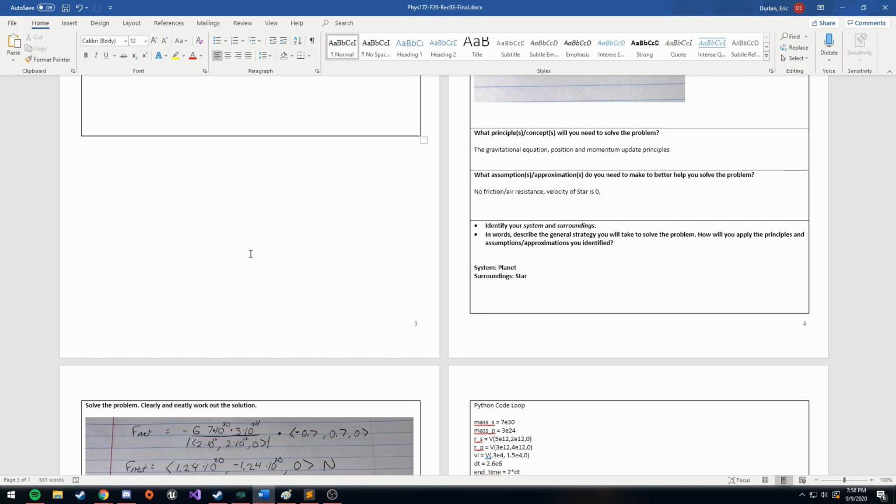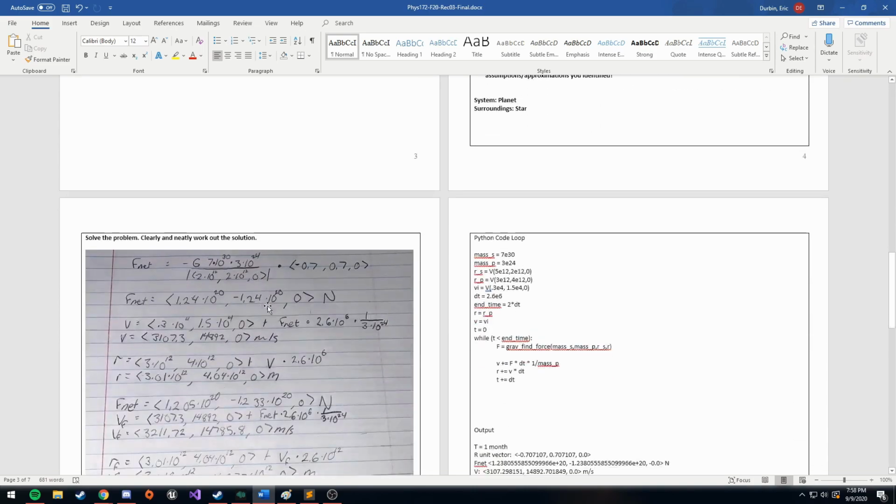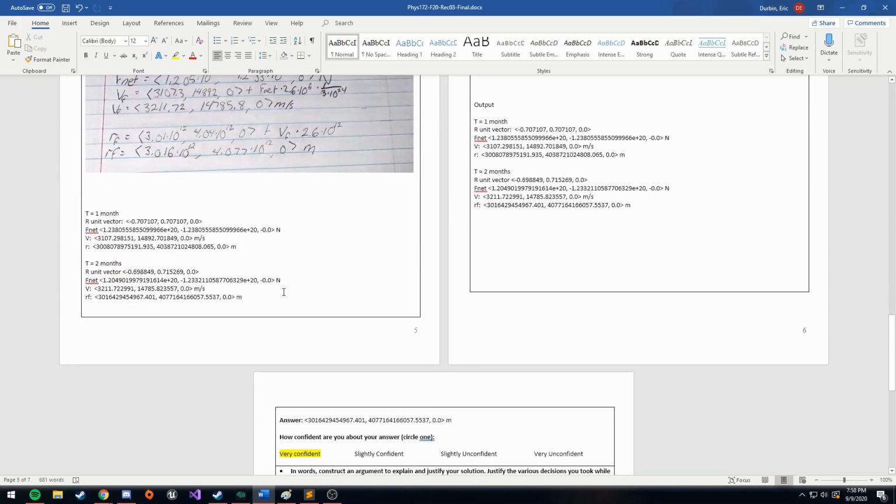And what about for your mass? It's just 3 times 10 to the 24, which is the same for all of us. And then 2.6 times 10 to the 6th is our step, right? Right.